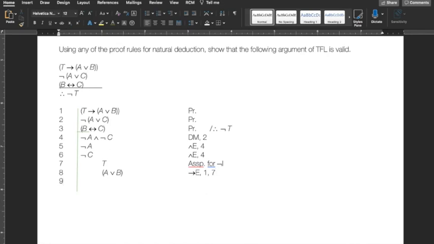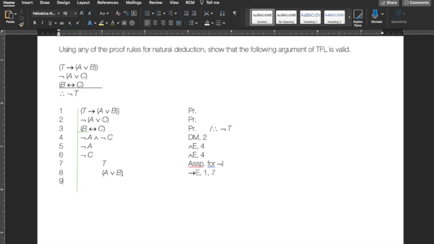Now we have to consider, what can we do with the disjunction? One thing we could do would be to apply disjunction elimination. That's a rule we want to avoid using unless we absolutely have to, because it involves two subproofs. It's quite long and tedious. So we want to look and see if we can maybe apply disjunctive syllogism. That's another way we can get rid of a disjunction.